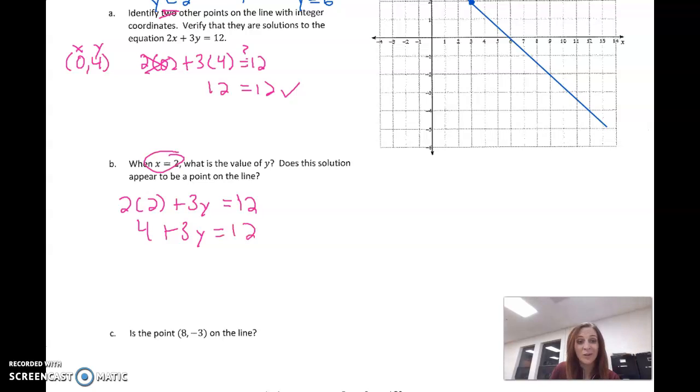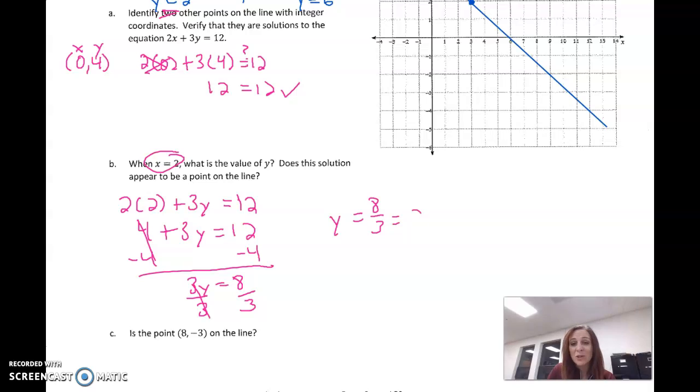Now, if you need a review of solving equations, that's what we're doing a lot right now. Solving for the y term, I've got to get rid of the 4 first, so I'm going to subtract 4 from each side. I get 3y equals 8. And then I divide both sides by 3. And y is equal to 8/3, which is 2 2/3, which is approximately equal to 2.67.